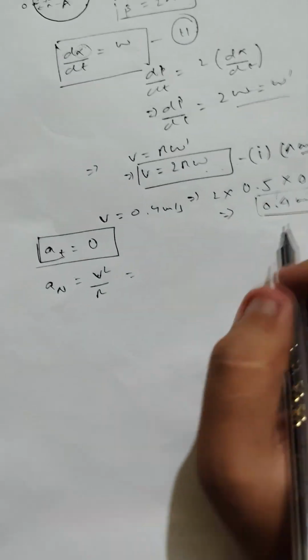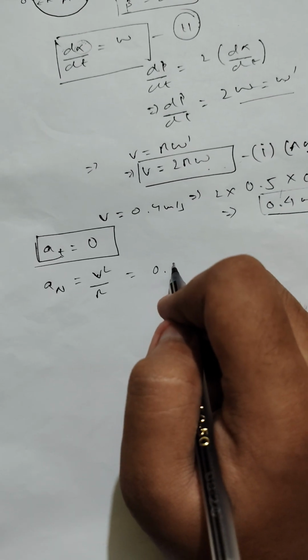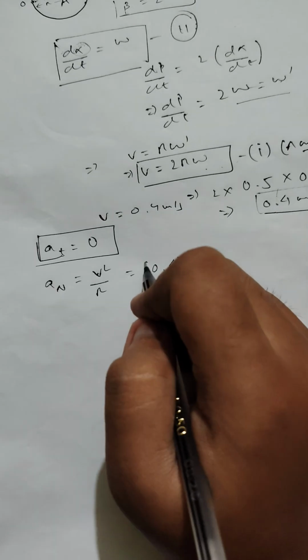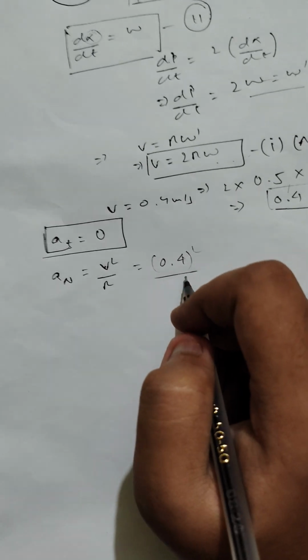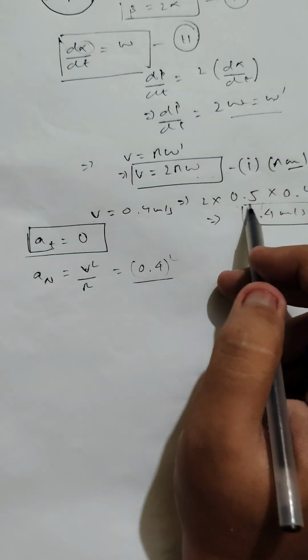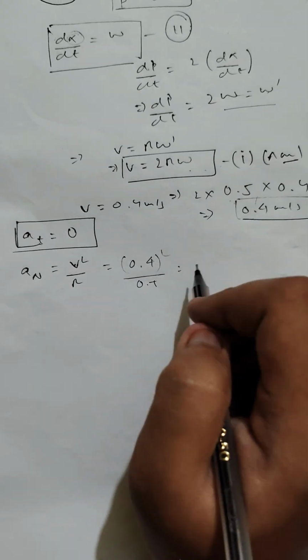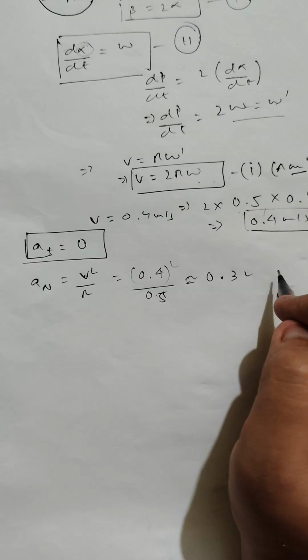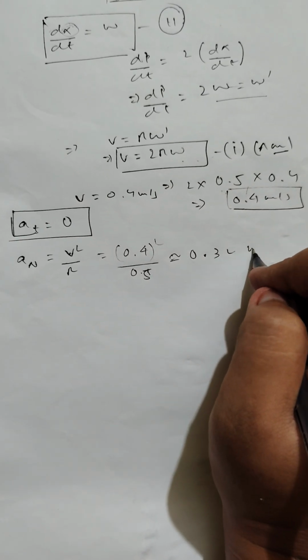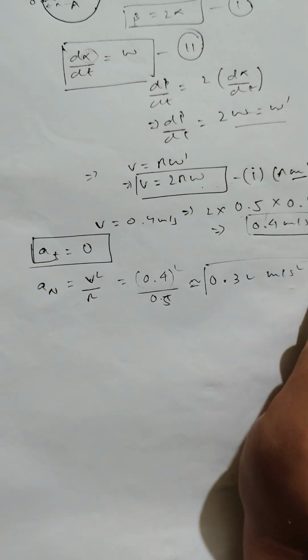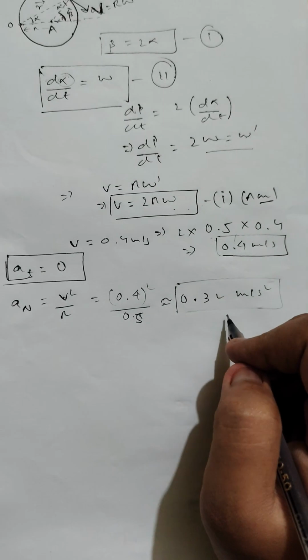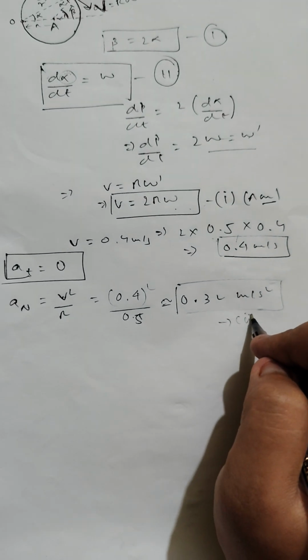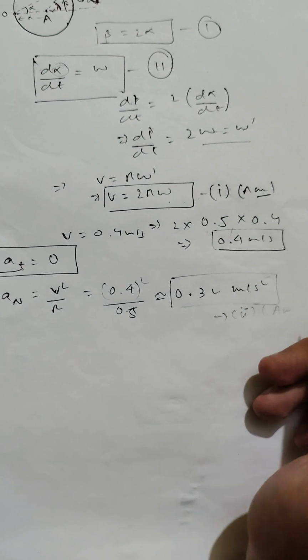So what is v? v is 0.4, squared, divided by r, which is 0.5. So this comes out to be approximately 0.32 meters per second squared. So this is the second final answer.